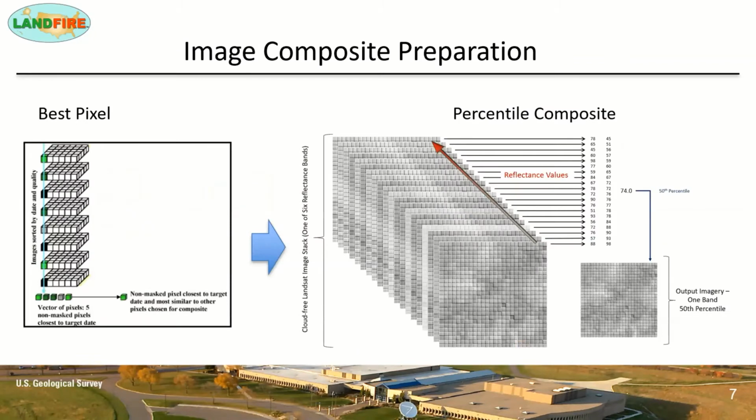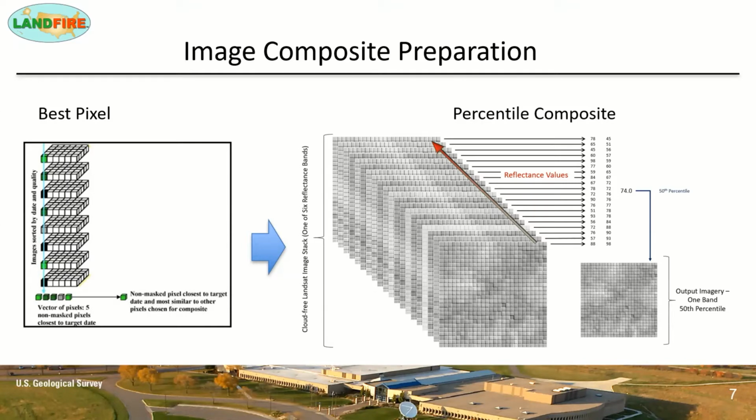So for our own change detection process that we use within LANDFIRE, obviously there's always that first step of image composite preparation. And so for remap for the continental US, we mainly use this best pixel process where you take the 6 best pixels centered around your target date and use the one that matches the best in terms of a similarity index.